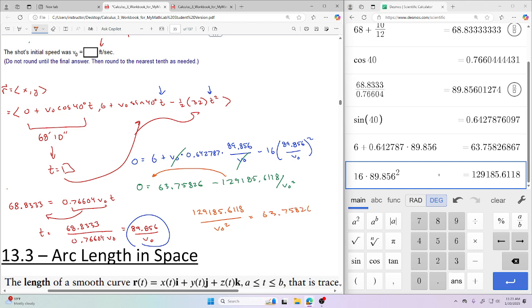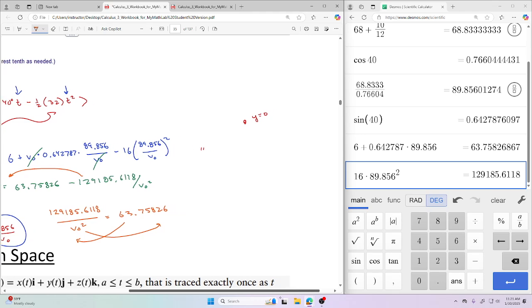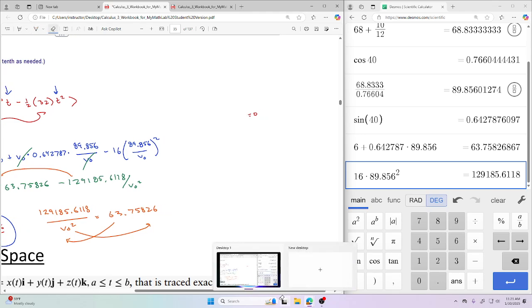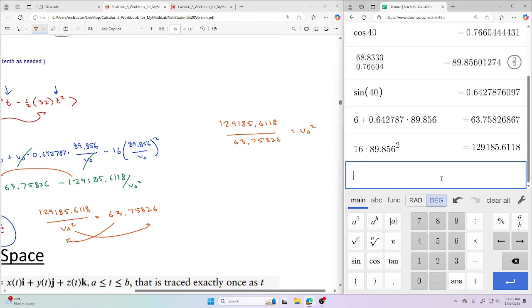So move this one over here and move that one down here. Get a little bit more room. We got room on the side here. And so then I got 129,185 and so on, divided by the 63 and so on, is equal to V naught squared. Get a number for that.